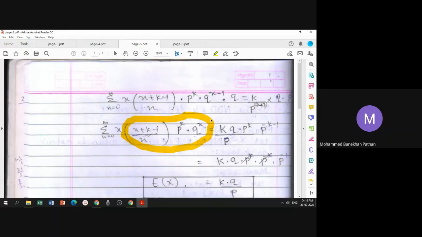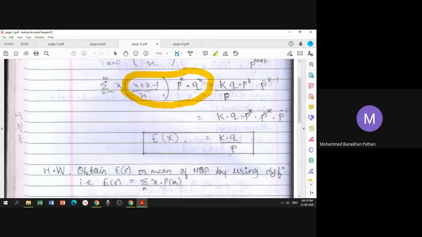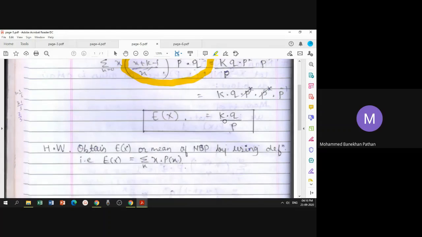So according to the definition of NBD, summation x, this is p(x). And according to first year, summation x multiplied by p(x) stands for E of x. So this is nothing but the mean of random variable x. And how much answer comes? Answer comes k q by p.